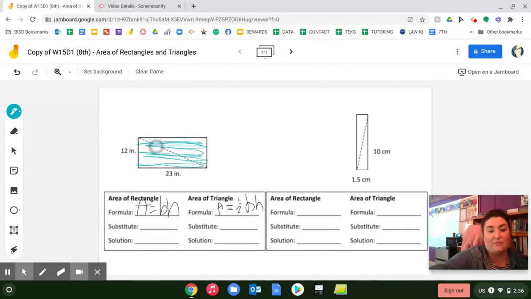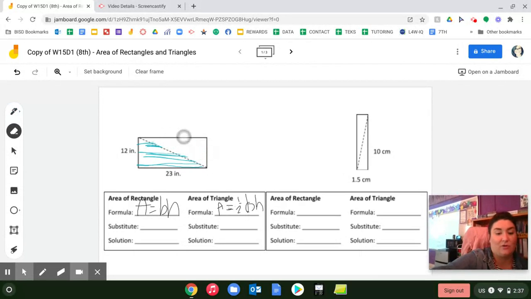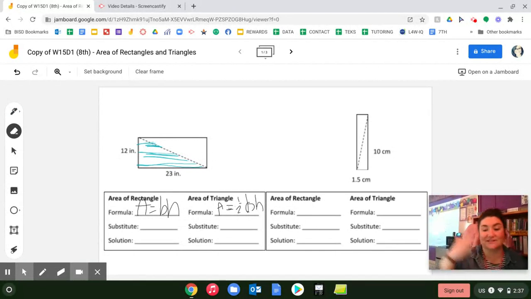So it's like how much fills up that whole area. A triangle doesn't fill up this whole area. It only fills up half of the area. So when we are solving for area of a triangle, we're taking the full area, but we're splitting it in half to get the area of that triangle.